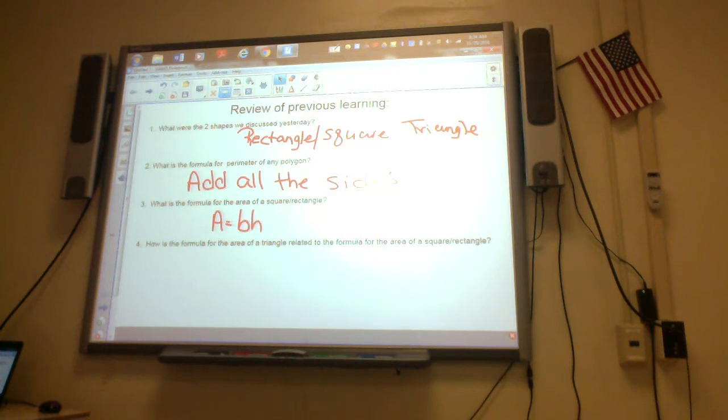How was the area of a triangle related to the area of a square or rectangle? Brittany. Isn't it base times height divided by 2?